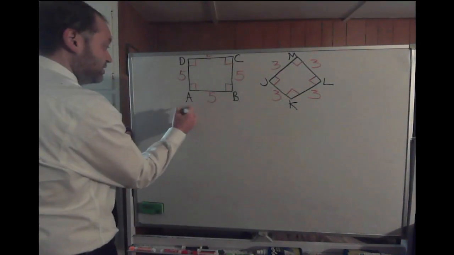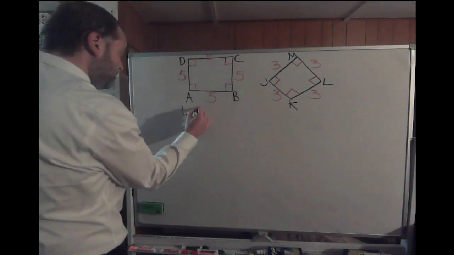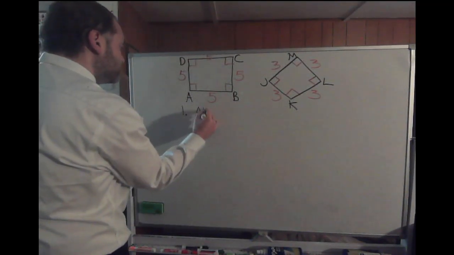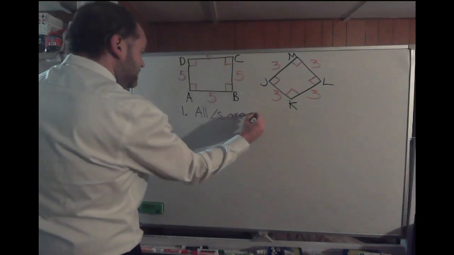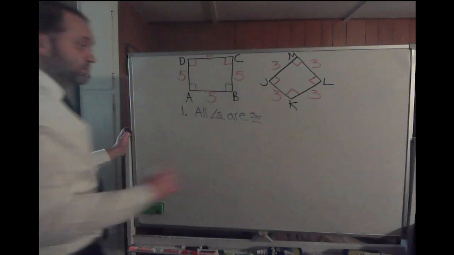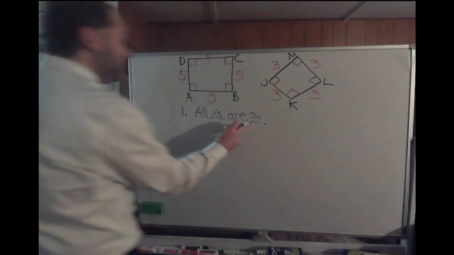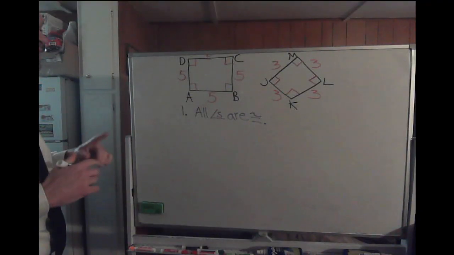Step 1, look at their angles. All angles are right angles, so all angles are congruent. So if all angles are congruent, then definitely the corresponding angles are congruent. So yes, that checks out. So step 1 checks out for them to be similar polygons. How about step 2?